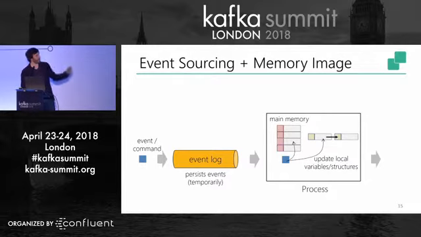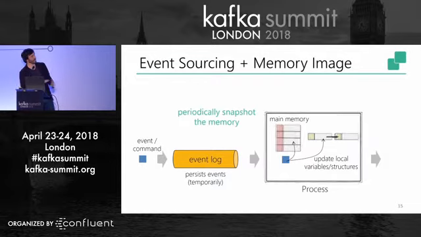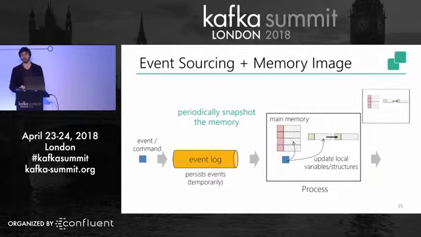If you actually have that, then you take your event log, source the events, and then you have your process, and you just work in the process with your events. You do whatever in that process. You don't really need to worry too much about what you do. And then there's something that periodically in the background just takes a snapshot of the memory of that process and puts it to the side.